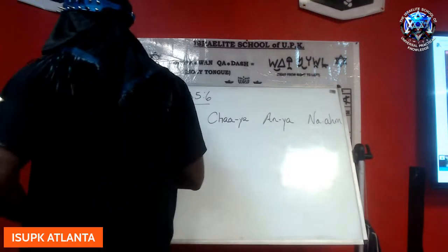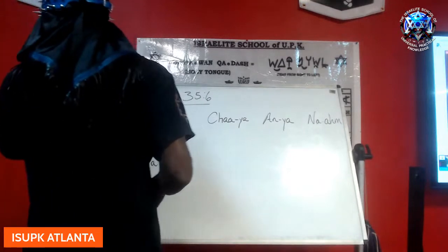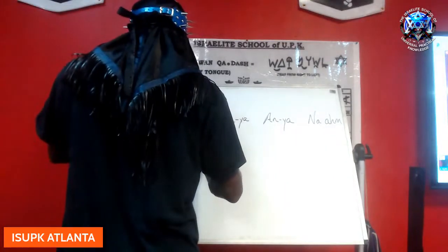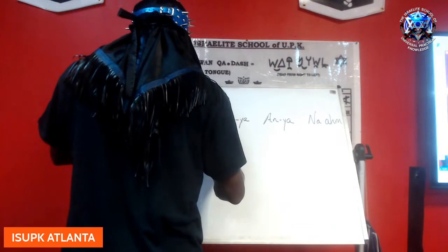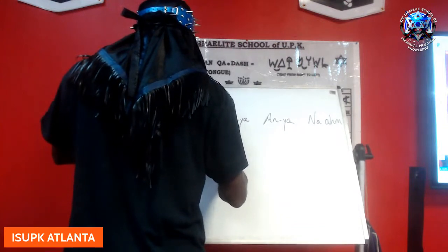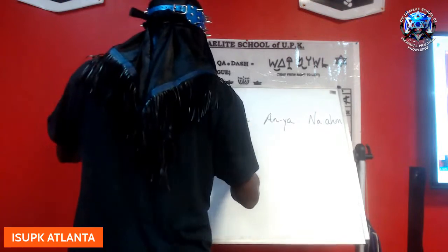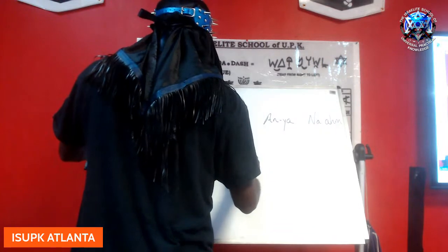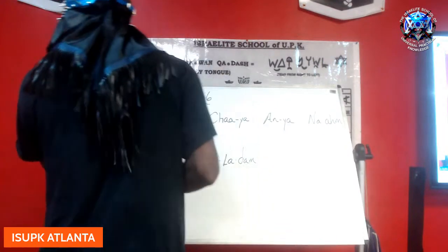Read up verse 5, let's get some context of what's going on. This is the book of Ezekiel, chapter 35, verse 5. Because thou hast had a perpetual hatred and hast shed the blood of the children of Israel by the force of the sword in the time of their calamity.